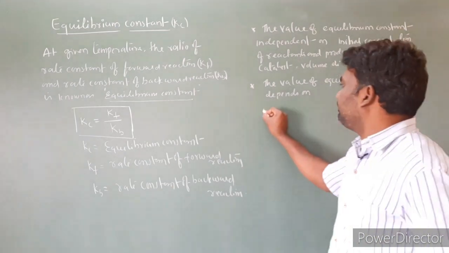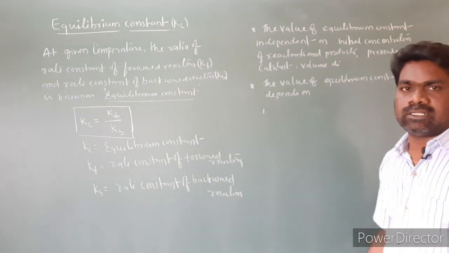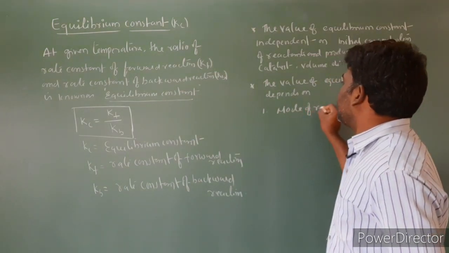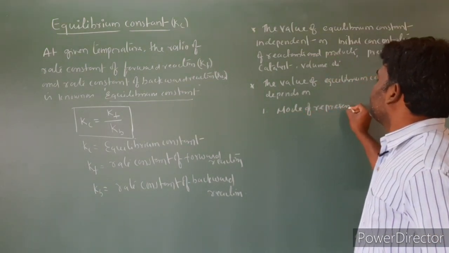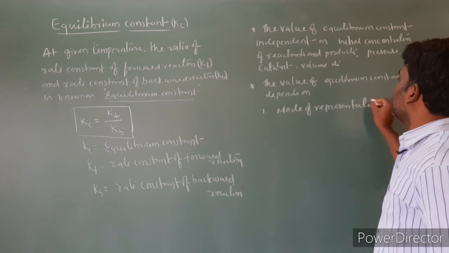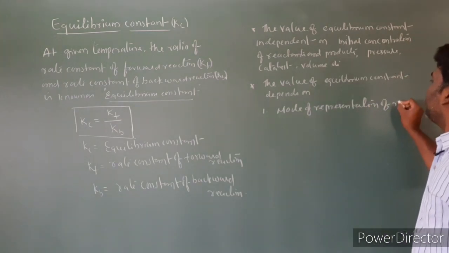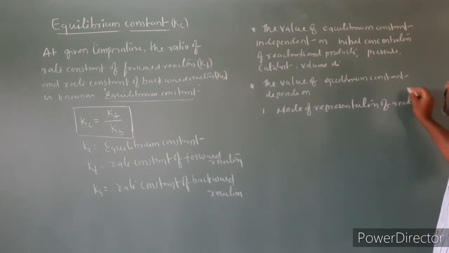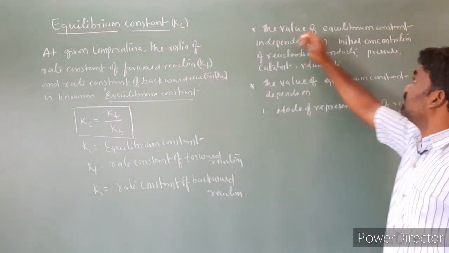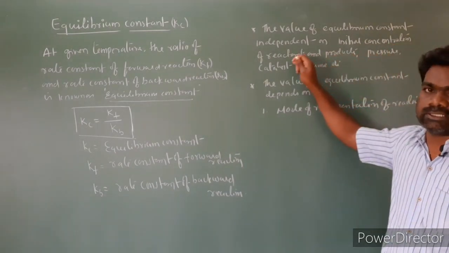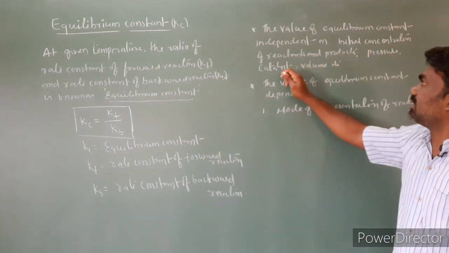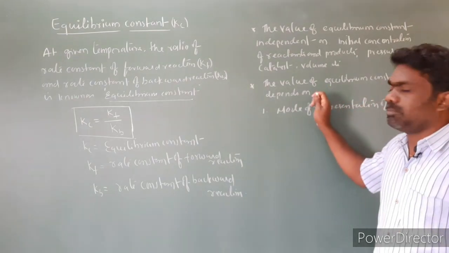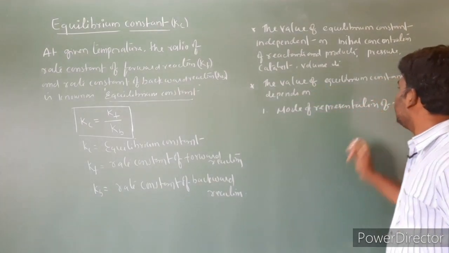The first one is mode of representation of reaction. So these are very important points. The value of equilibrium constant is independent of initial concentration of reactants and products, pressure, catalyst, volume, etc. And the value of equilibrium constant depends upon mode of representation of reaction.